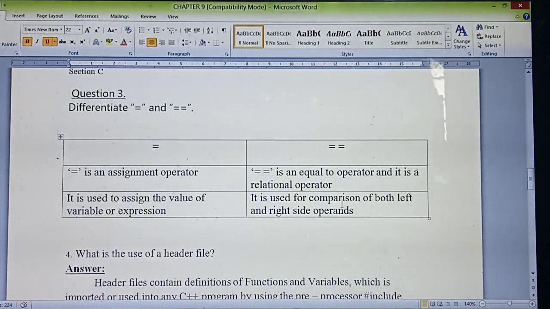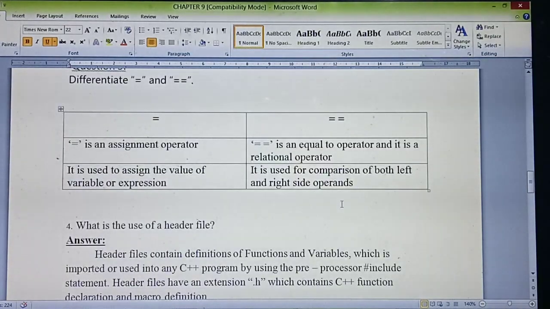Write first. Have you all completed? Equal to is an assignment operator. Second, double equal to is an equal to operator, a relational operator. Next point, it is used to assign value to a variable or expression. Next one, it is used for comparison of both left and right operands. Okay.